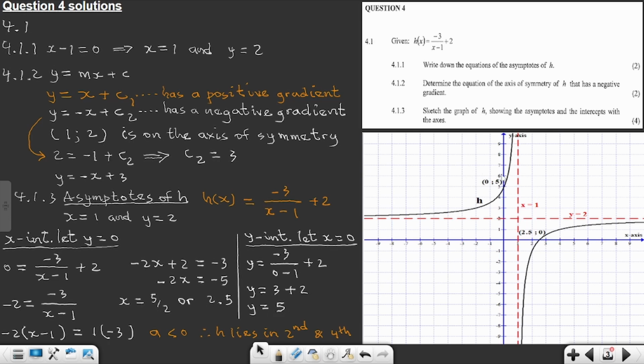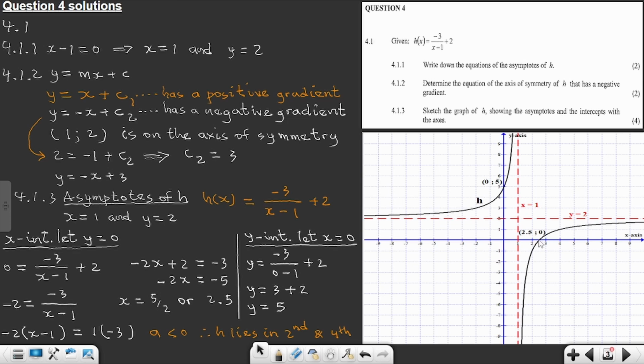You know at the y-intercept, x is 0. So this is the x coordinate and this is the y coordinate. The point there is your y-intercept. And you have your x-intercept there. We found the x-intercept. Can you see? It was 5/2 or 2.5. So the graph is cutting the x-axis at 2.5.